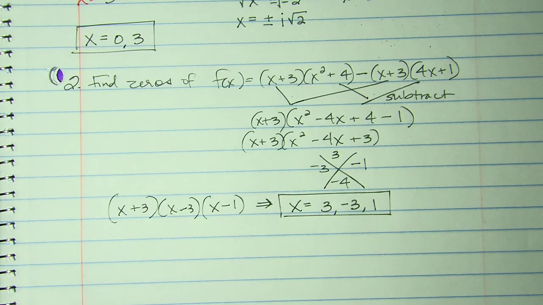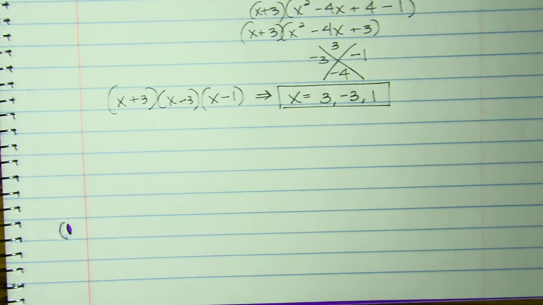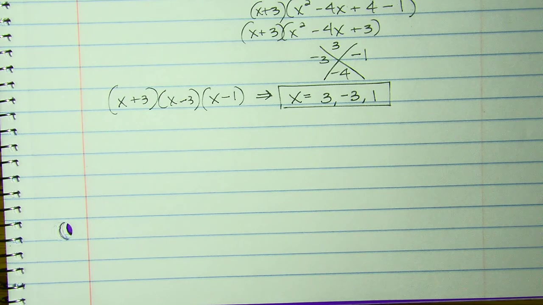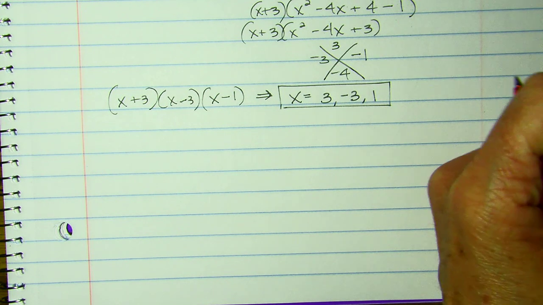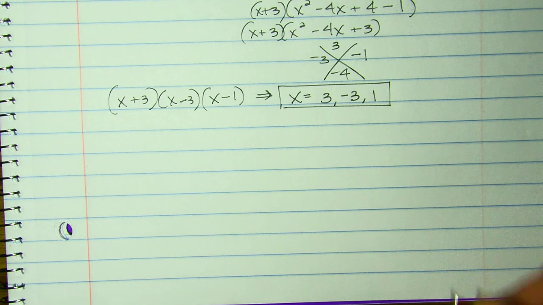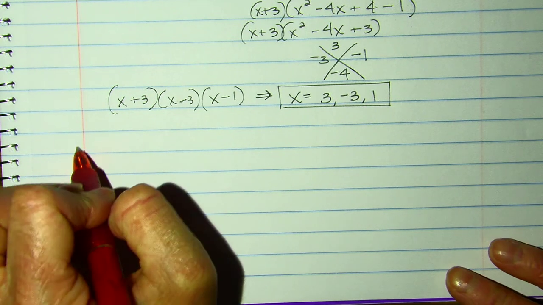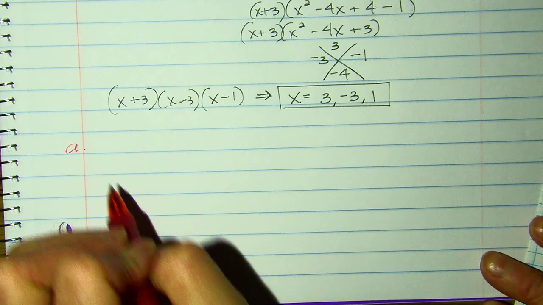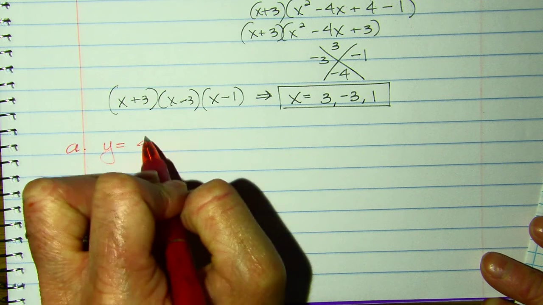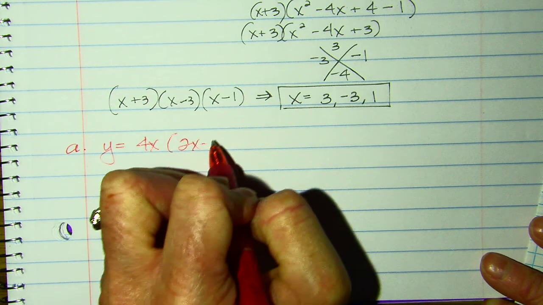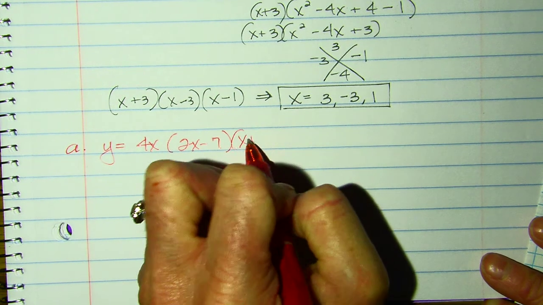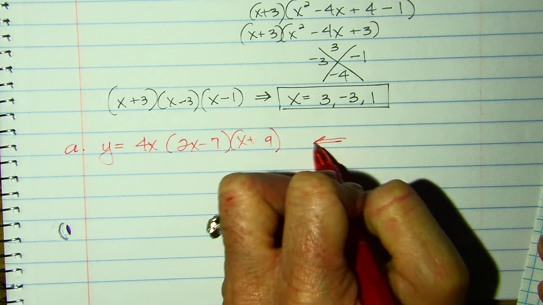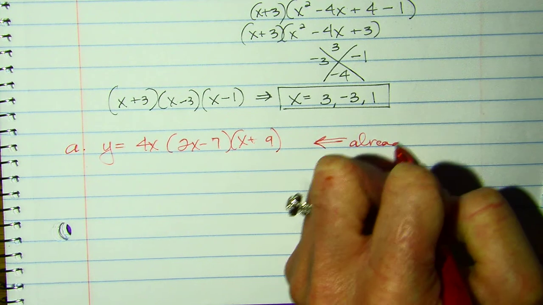So we're going to jump into our lesson practice. I'm going to do A, B, C, D, E, and we're going to skip F. Here is part A from our lesson practice. y equals 4x times 2x minus 7 times x plus 9, and it's already factored for us.